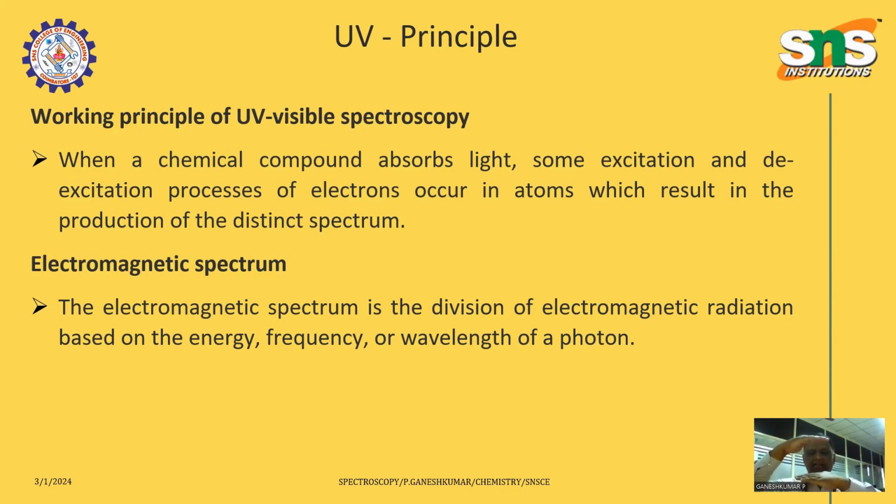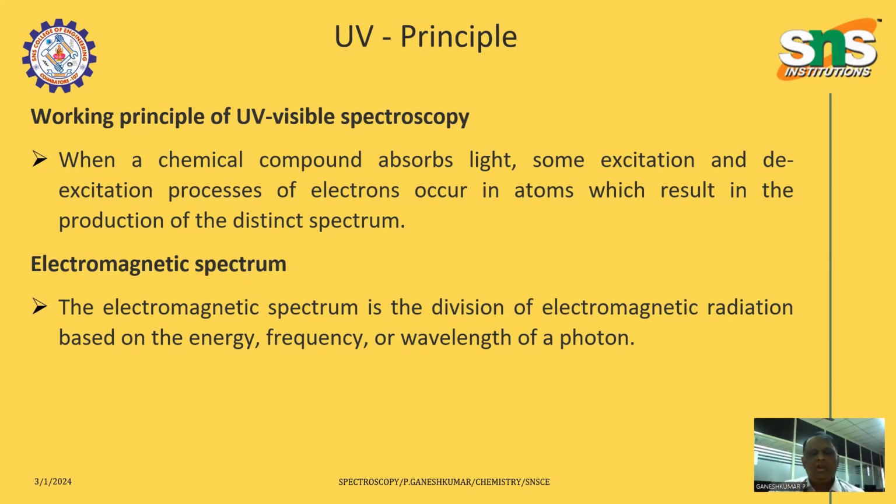If we consider two levels, when the electron is in the lower level and absorbs some light, it gets some energy, so it transfers to the higher level. And if the energy is released, then the higher level electron will come back towards the lower level.